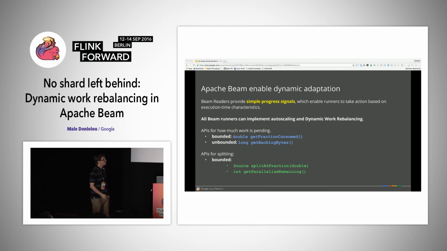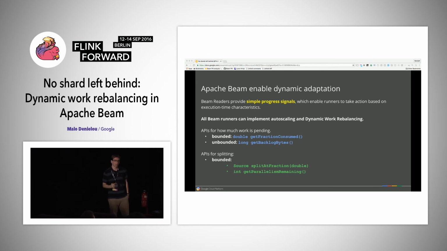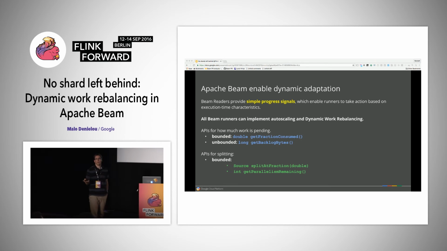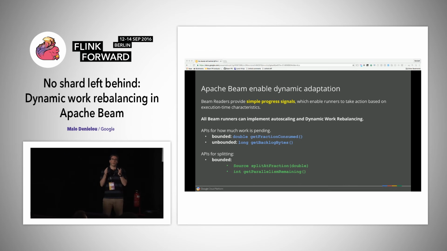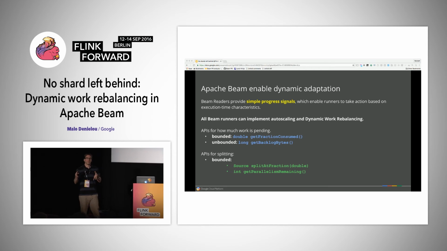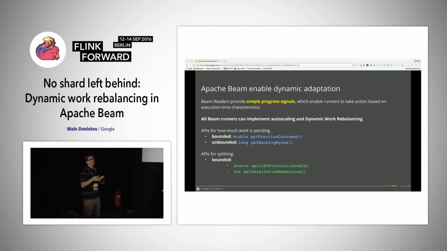There is an interesting final API that is actually needed as well. So for some sources, let's say your pipeline is processing video files, doing encoding or something. Once you have one video file, you cannot split it because you want to encode the whole thing into one result, right? But you still want one worker to be able to work on multiple video files because you don't want the overhead of one task per file.